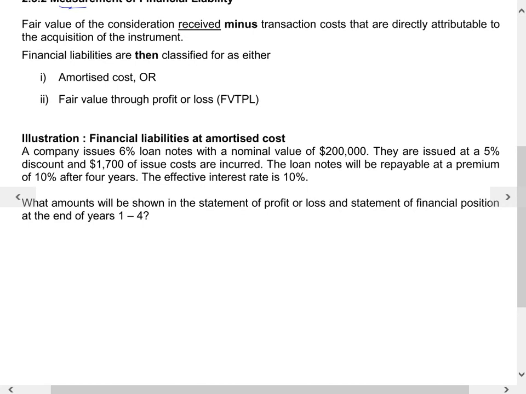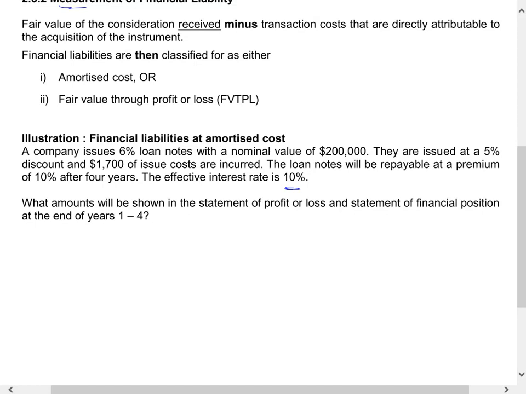They are issued at a 5% discount with an issue cost of 17. The loan note will be repayable at a premium of 10% in 4 years' time, and the effective interest rate is 10%.